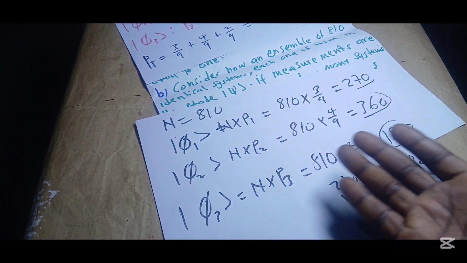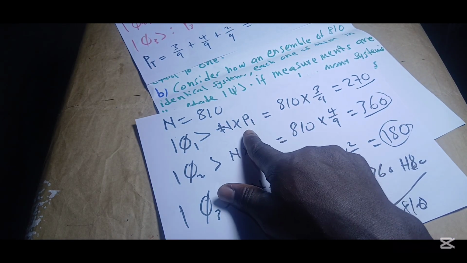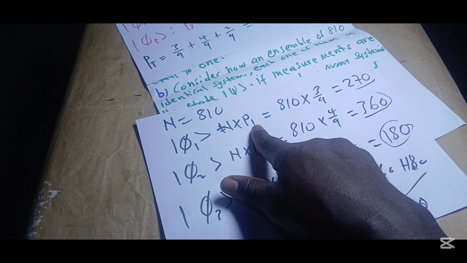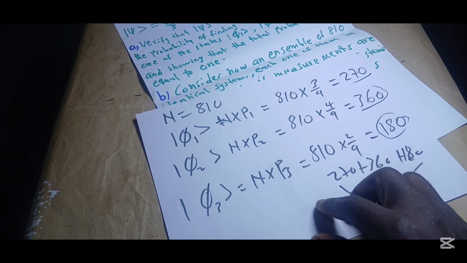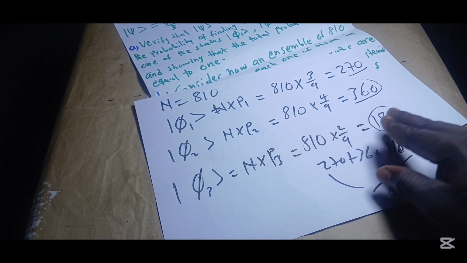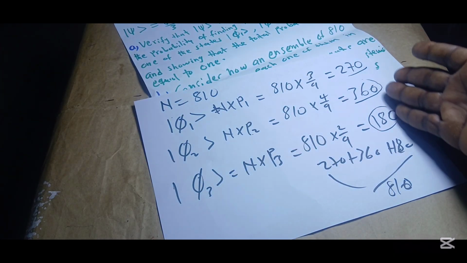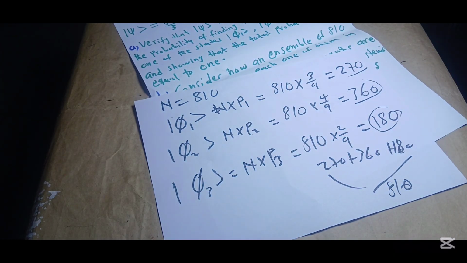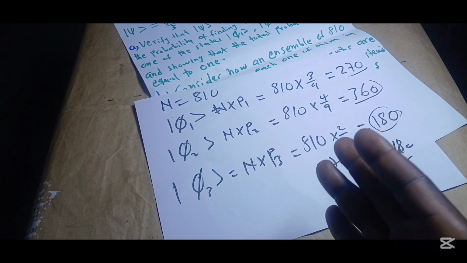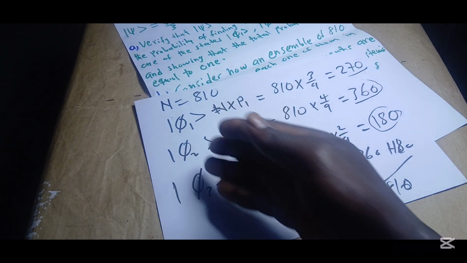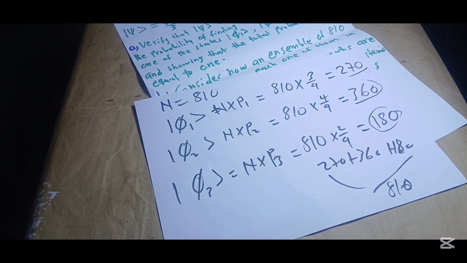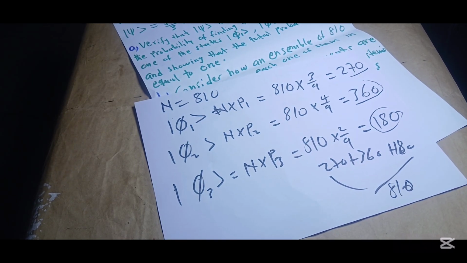And then the formula is equal to the number of ensemble multiplied by the probability contribution of the vector, in which we performed our calculations to get the number of ensemble that will fall on each vector. And here, they are state vectors. So that is it for this problem.